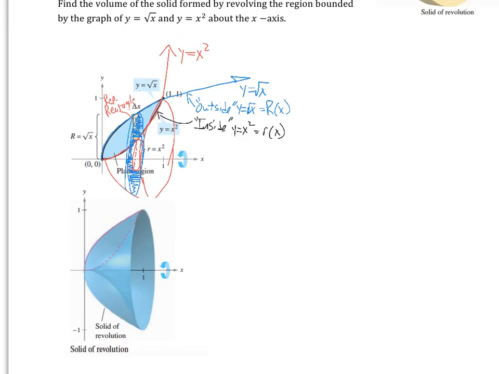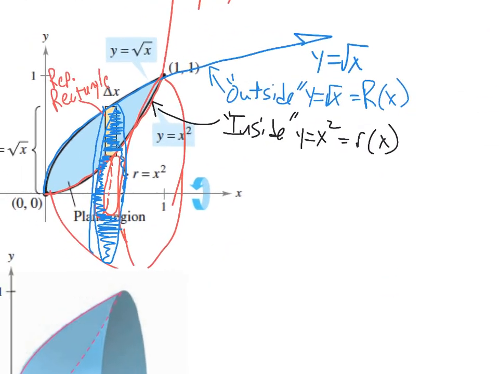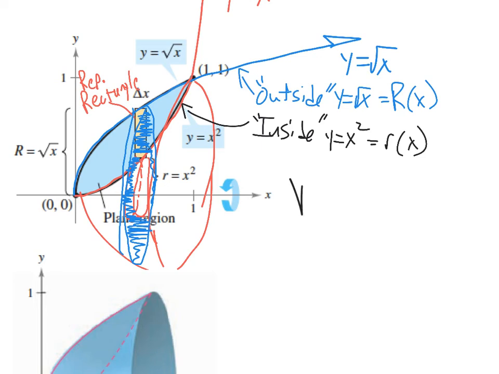To understand that better, think of this little washer, that one slice. All right, so let's put it all together. Using this formula here, volume equals pi times the integral of big R squared minus little r squared. Now, what are we integrating from? We're going from 0, the x coordinate, to 1.